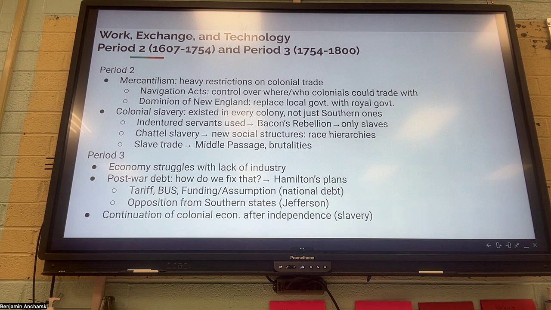Problem is, we saw Bacon's Rebellion. Take a second here, talk to your neighbors. What do you remember about Bacon's Rebellion? Go ahead.